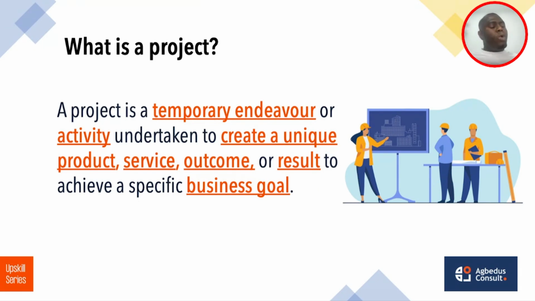That means when we say we are constructing a road from Accra to Kumasi, we have to set a timeline that in 2 years' time, we need to complete that road. Because if you have to do it continuously without end, then it becomes a routine. Like let's say when you enter the bank, the security man opens the door for you every day.